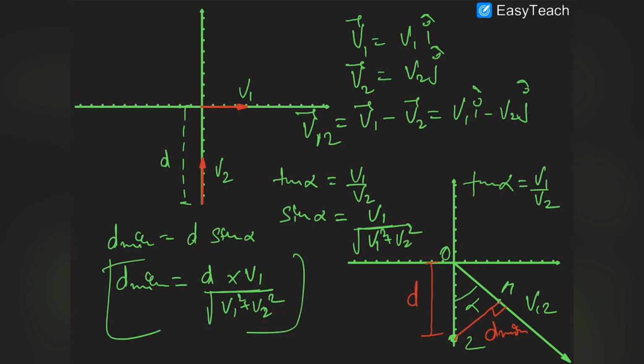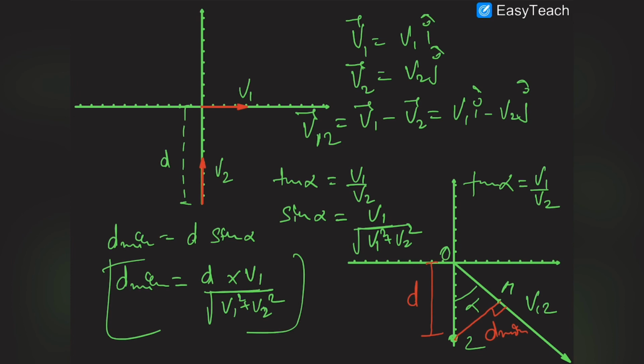Now, this was the complete method and the best method I would recommend for the calculation of minimum separation between any two objects. But there is another method. In fact, there are two different methods. One of them is the method of maxima and minima, which is complicated, and the other method is also a lengthier one. So we are not discussing them, obviously, because I would not recommend those methods.